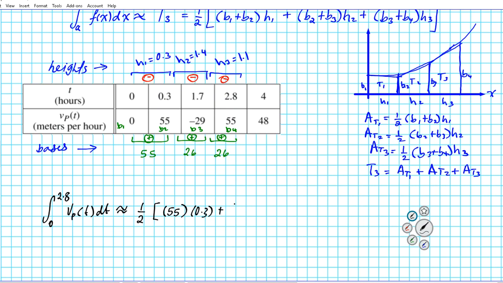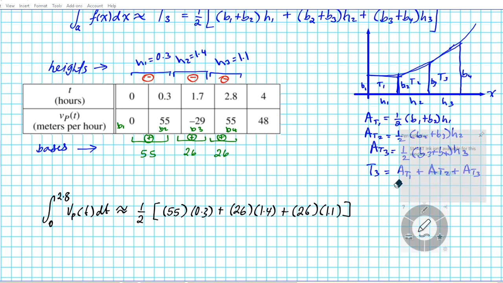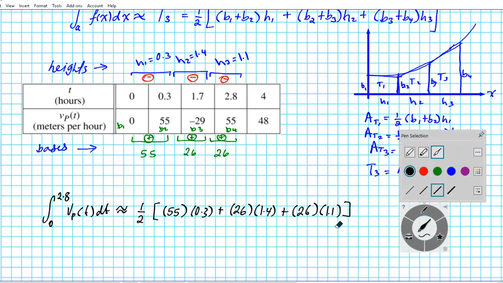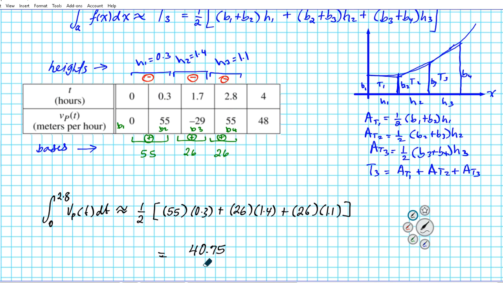And then the next one, 26 times the height, 1.4, plus the last one, 26 times the height, which is 1.1. And then go ahead and plug that into your calculator to get your final answer. When you plug it into your calculator, it's gonna be 40.75. Okay? Alright, so there you have it.